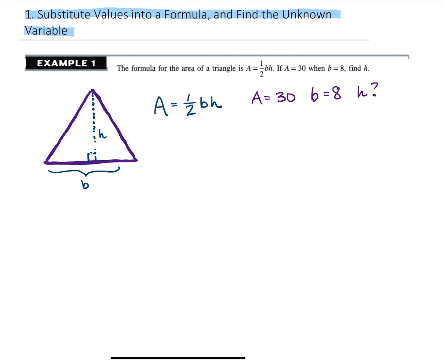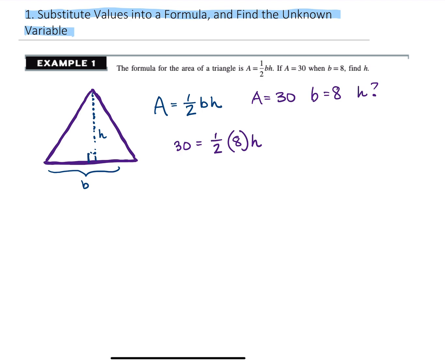We can replace 30 for A, 8 for B, and then we'll be left with one unknown variable. So instead of A, I'm going to write 30 equals 1/2. Our base is 8, and then we have some unknown height. So h becomes the variable that we want to solve for.